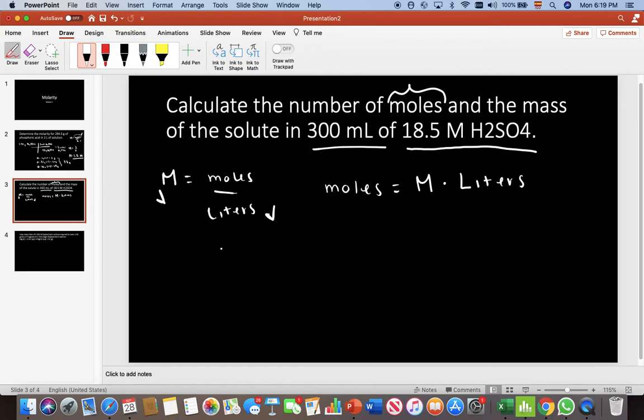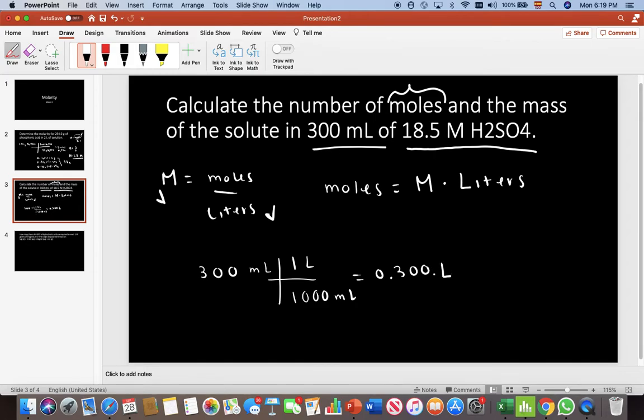Perfect. Okay, and now that we have this, we have milliliters, so we have to change that to liters, right? We know that in 1 liter there are 1,000 milliliters, right? So divide 300 over 1,000, that gives you 0.300 liters.